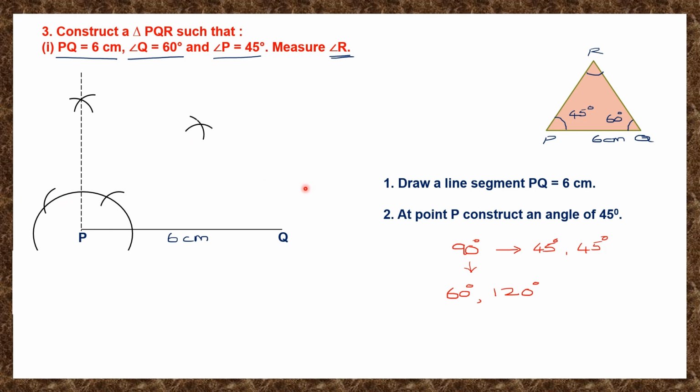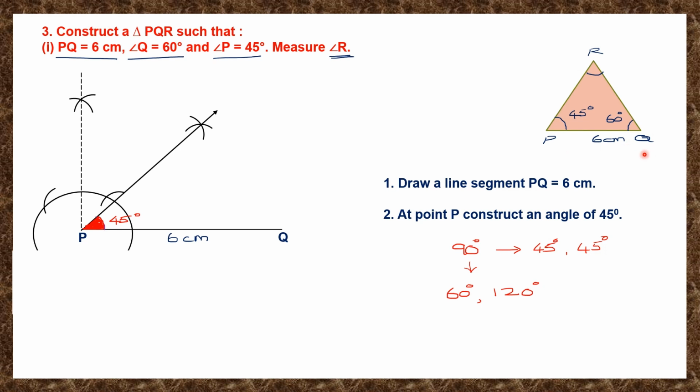So there's one arc and one more arc. Now we have drawn a line from P through that point. Okay, so now this is 45 degrees. So as you can see, this is now 45 degrees. So we finish constructing 45 degrees at the point P.